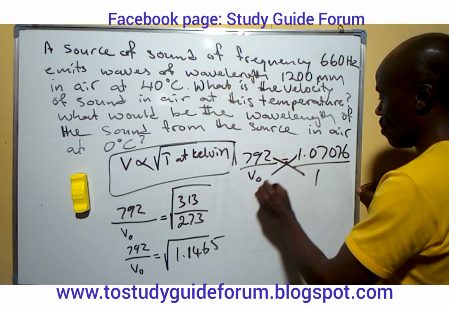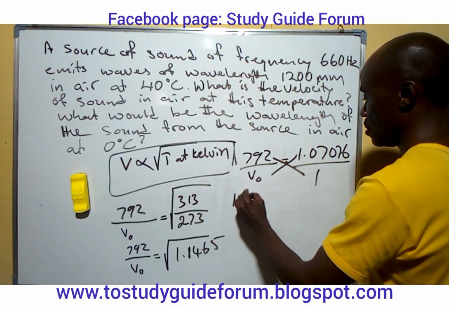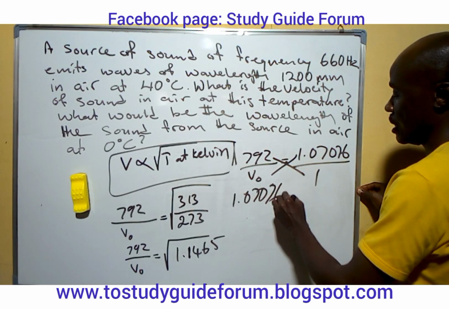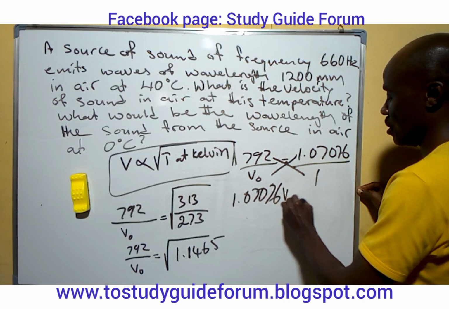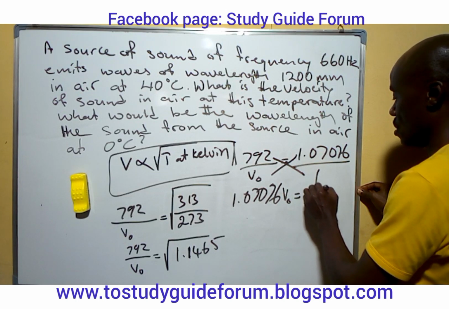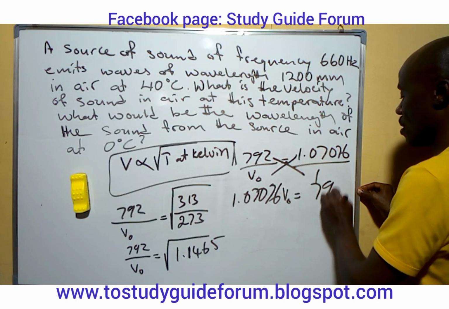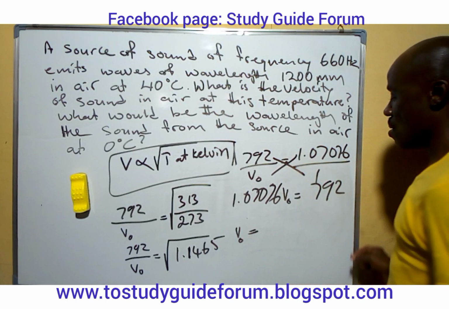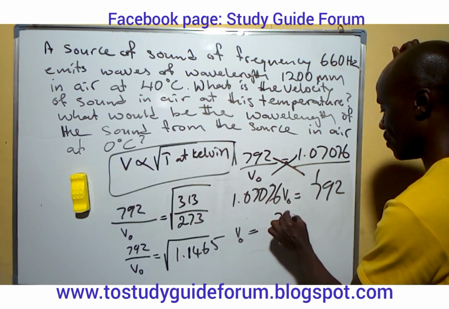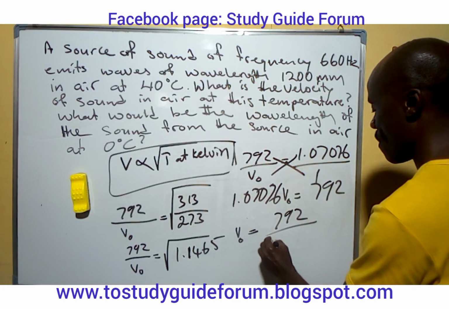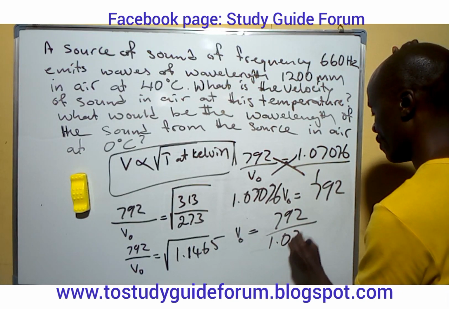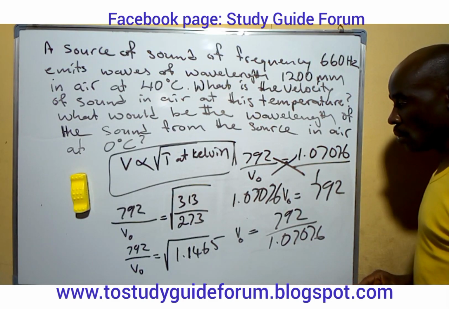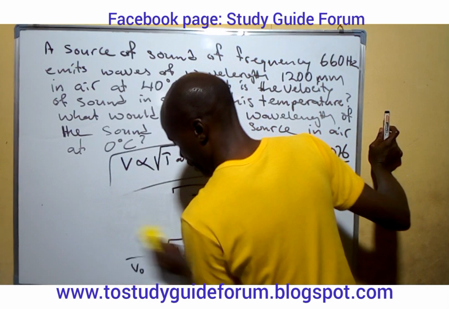If we cross over, we will have 1.07076 V0 equal to 792. Then V0 will be 792 over 1.07076.